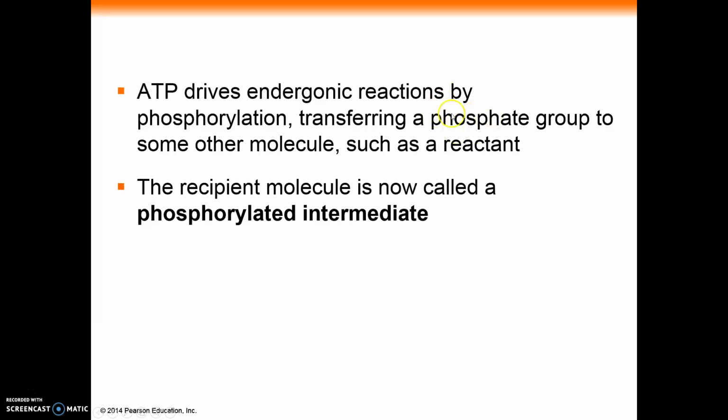So we transfer that phosphate group from ATP onto something else, such as the reactant or sometimes the enzyme. In this process, we develop something that is called a phosphorylated intermediate. This is also a stored bit of energy, and the phosphorylation in this phosphorylated intermediate can also be released, harvesting even a little bit more energy.